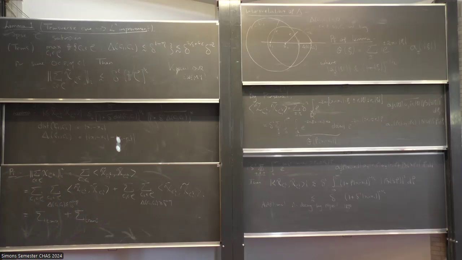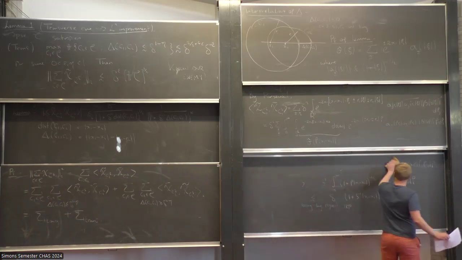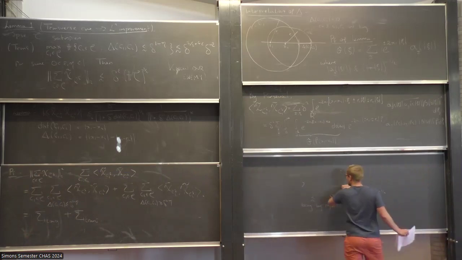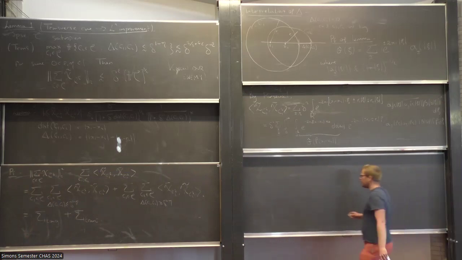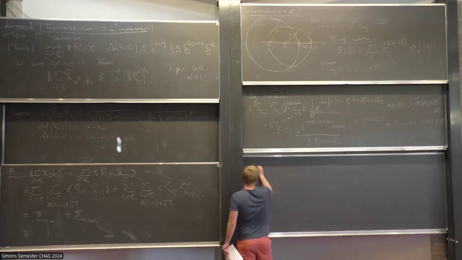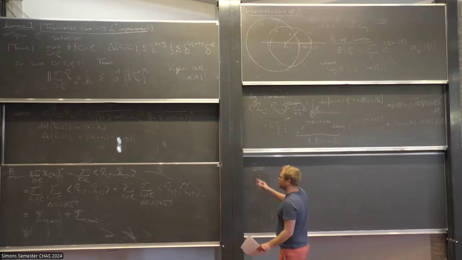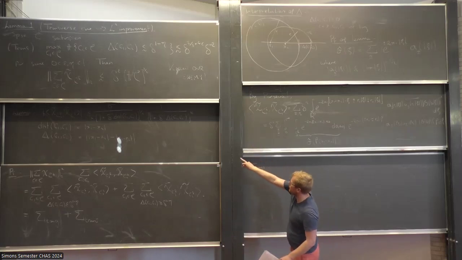So first of all, dealing with the transverse case is pretty trivial. Here, of course, we're going to get massive rapid decay coming from the lemma.